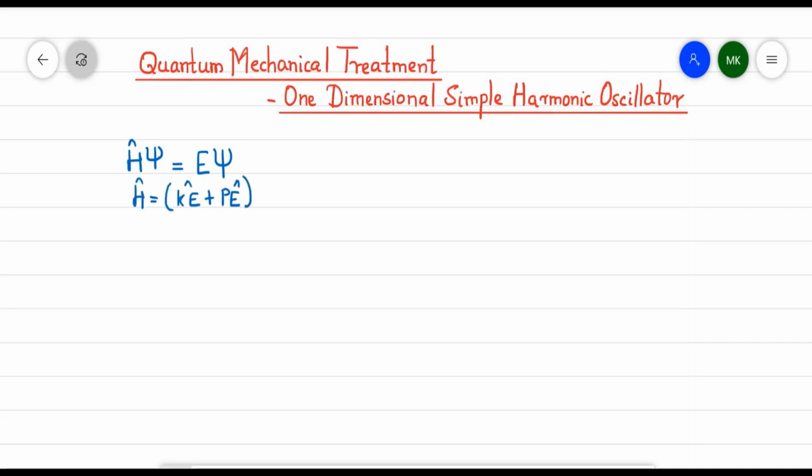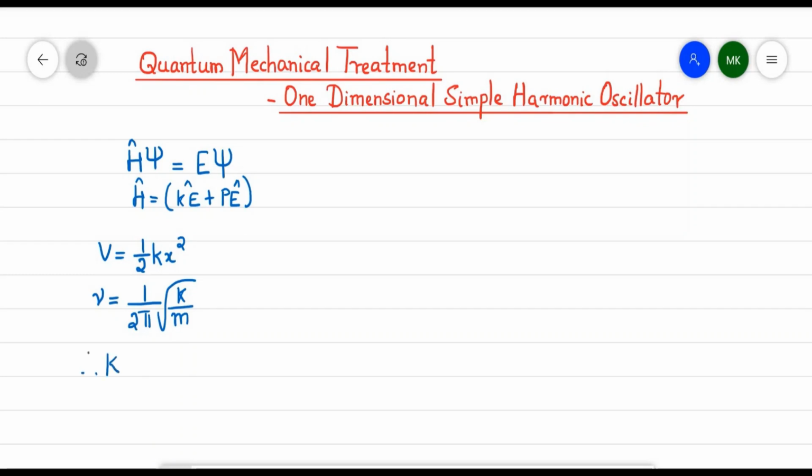That is, H cap is the sum of the kinetic energy operator and the potential energy operator. In the case of a simple harmonic oscillator, the potential energy V is equal to half kx square, and the frequency of oscillation nu equals 1 by 2 pi root of k by m.